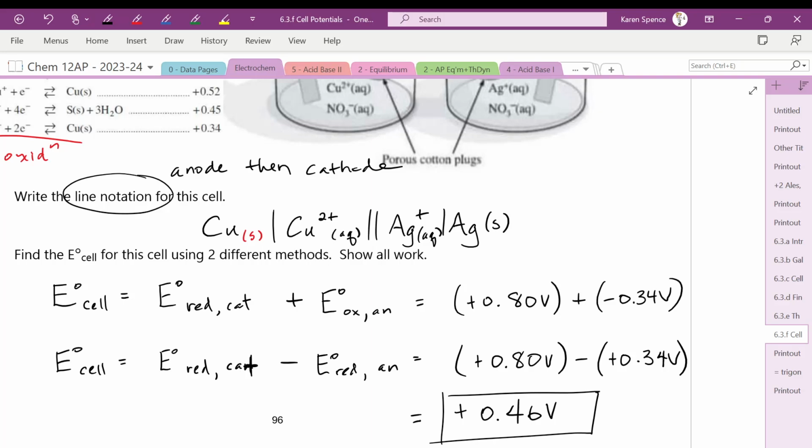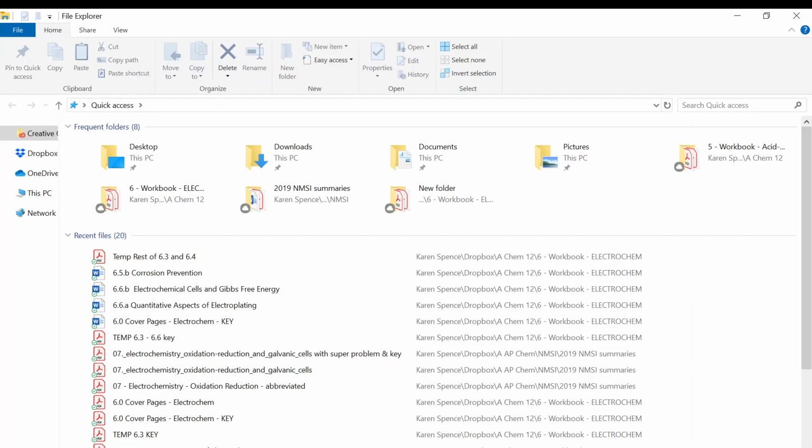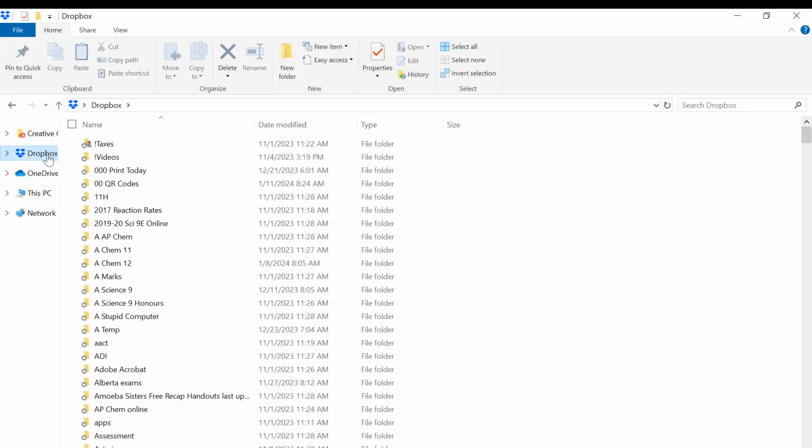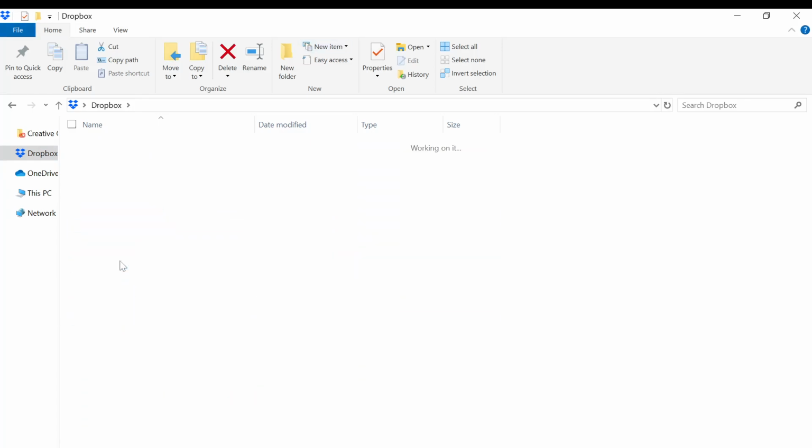All right, page 104. Oh, I need to print page 104. What? No, I need to print it on my OneNote because it's not there. That is 6.3G. Yeah, no, we're good. Standard temperature and pressure.